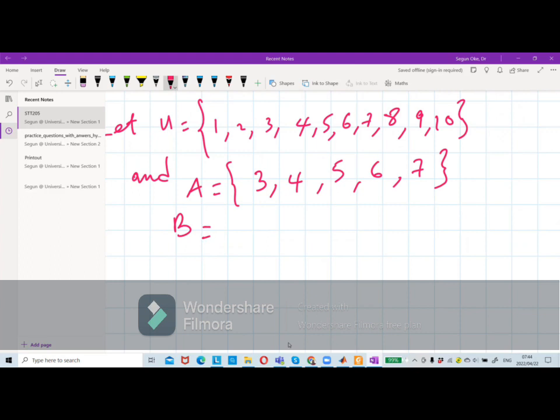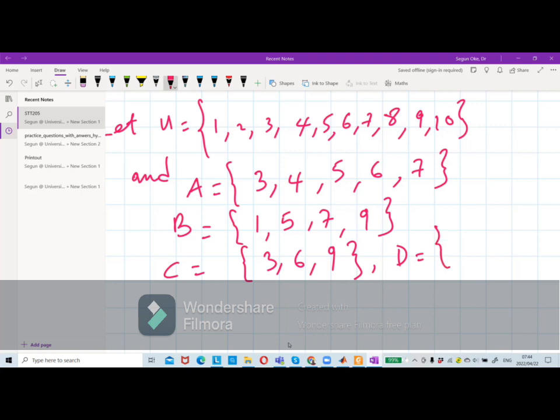Define set B to be 1, 5, 7, 9. Define C to be 3, 6, 9. Then we have D to be 2, 4, 6, 8.